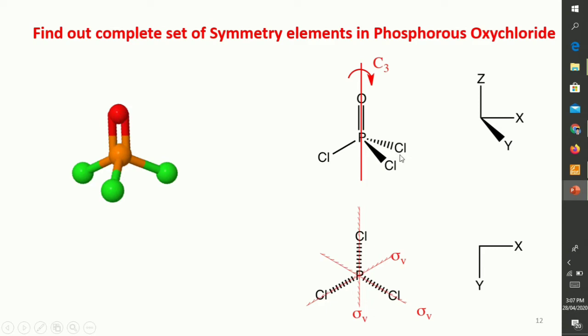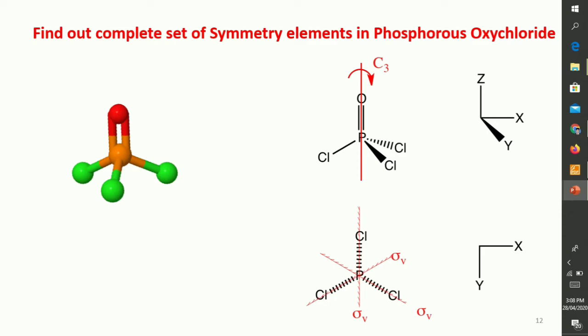If, for example, you rotate this molecule clockwise, this chlorine will occupy the space of this chlorine, and this chlorine obviously goes over there, and this one will join the space of this molecule. So there is C3 axis of rotation in phosphorus oxychloride, POCl3.